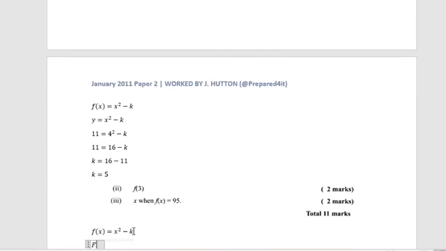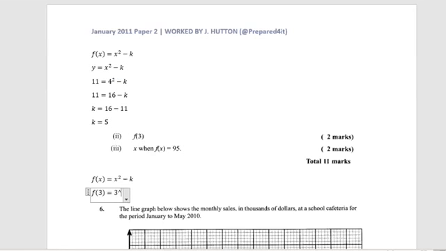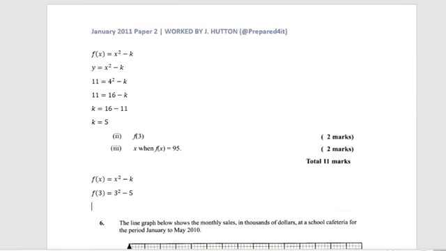So therefore, f of 3 is equal to 3 squared minus k. And we just solved what k is. So k is 5.